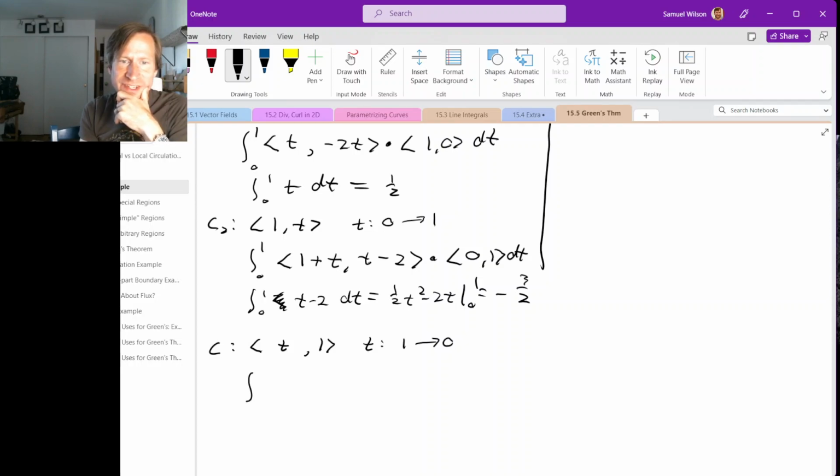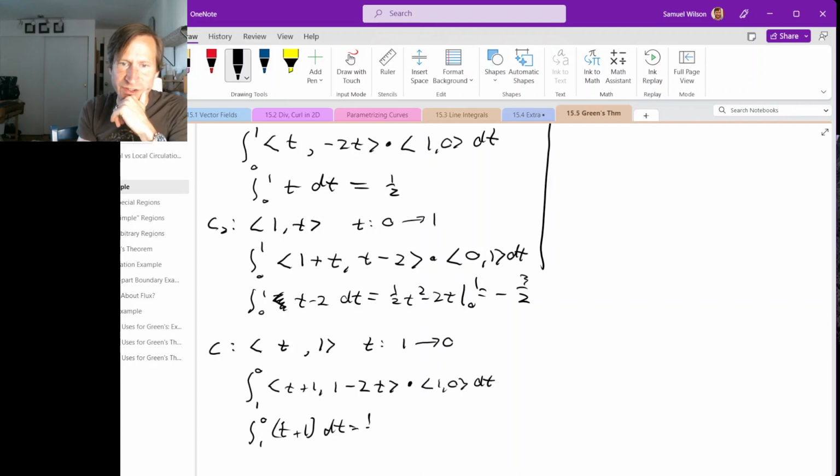So that's going to give us the integral from 1 to 0 of x plus y, so t plus 1, comma, y, which is 1, minus 2x, which is t, and then dotted with r prime, which is 1, comma 0, dt. So we're integrating from 1 to 0, t plus 1 dt.